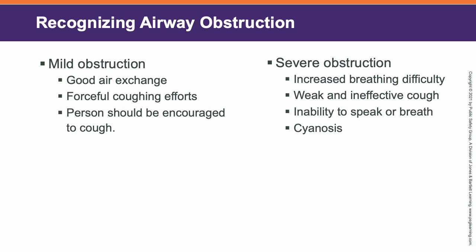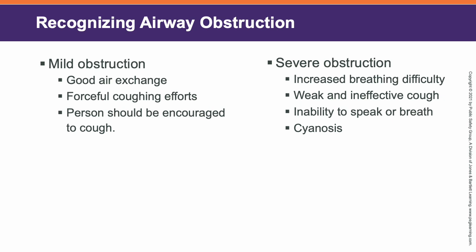If they are coughing, you want to encourage them to continue to cough so that they can get the object out. If somebody is coughing and choking on something, you do not want to hit their back. This sort of force may actually cause the object to move back down. The coughing is enough to help get that object out.